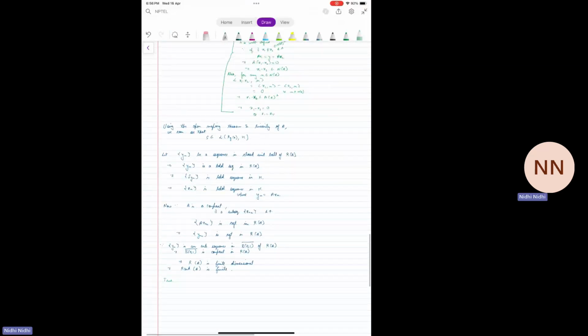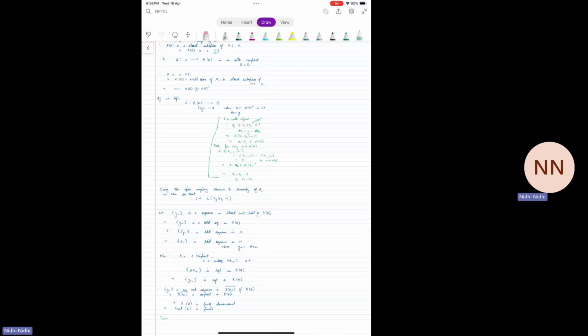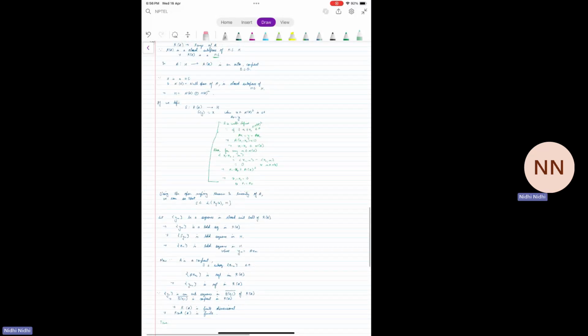I hope this solution is fine. Firstly, we have shown that since H is a Hilbert space, the null space of A can be complemented, and hence we get a right inverse, which is a bounded linear operator.